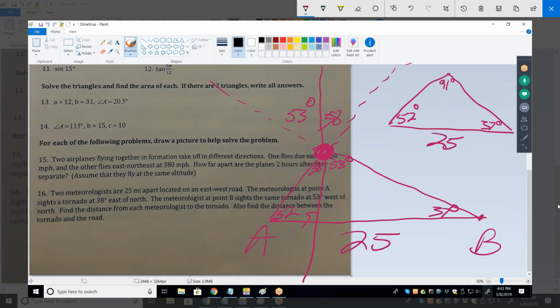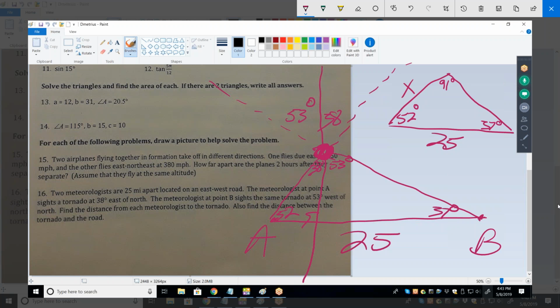In other words, whenever they give you two angles of a triangle, the very first thing you should do is just go ahead and calculate the third angle. That's the easiest thing to do. Now, what they want is the distance from each meteorologist.